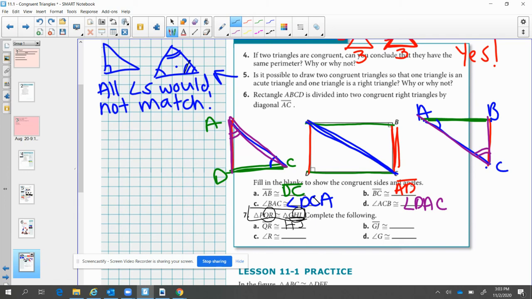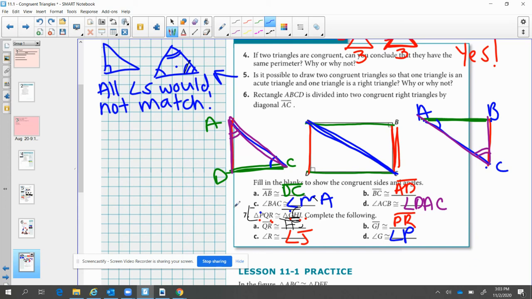And GJ, if we look at GJ, that is the first and last letter, so PR is the segment it lines up with. And then angle R is the third letter. Angle J is the third letter, so they're going to line up. And angle G, the first letter, is going to measure up with angle P, the first letter.